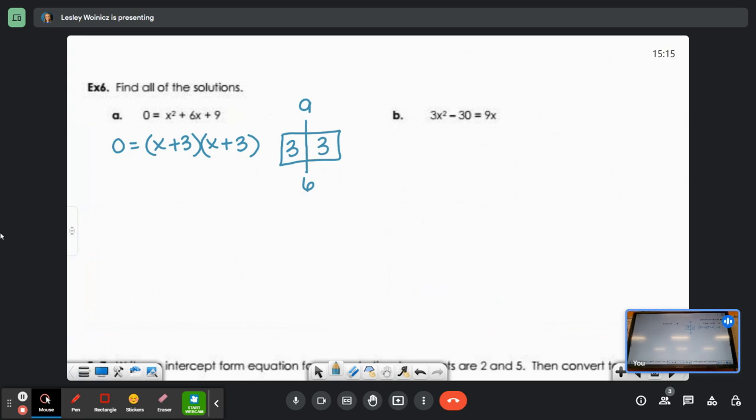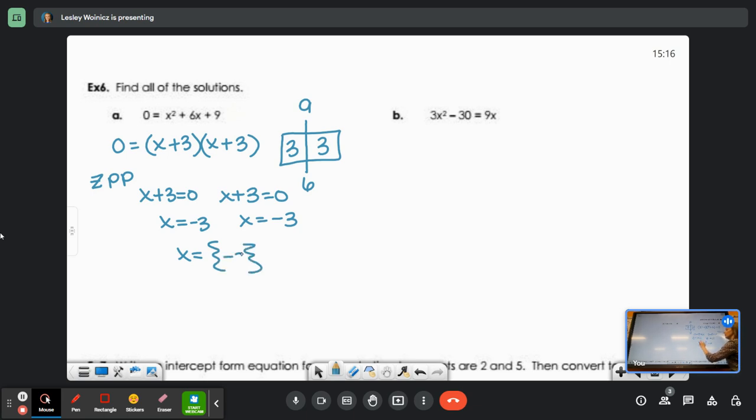Okay, now I can use my ZPP. So I'll have x plus 3 equals 0 and x plus 3 equals 0. What do they both give me? Yeah. So how many times do I have to write -3 in my curly brackets? Just the once.